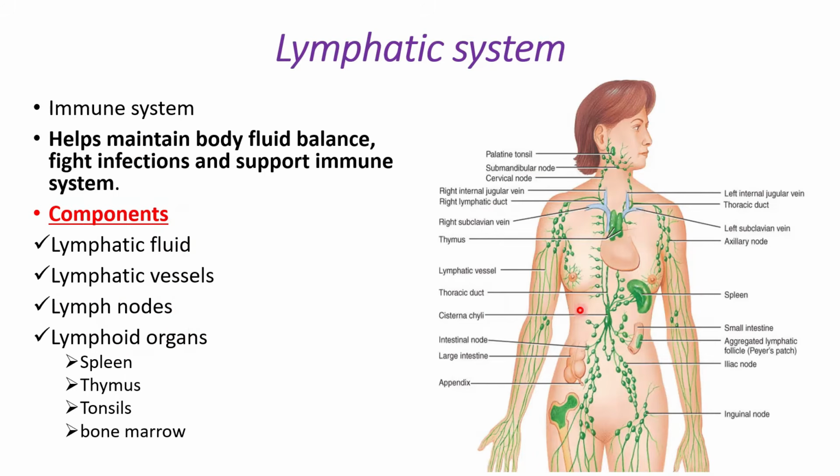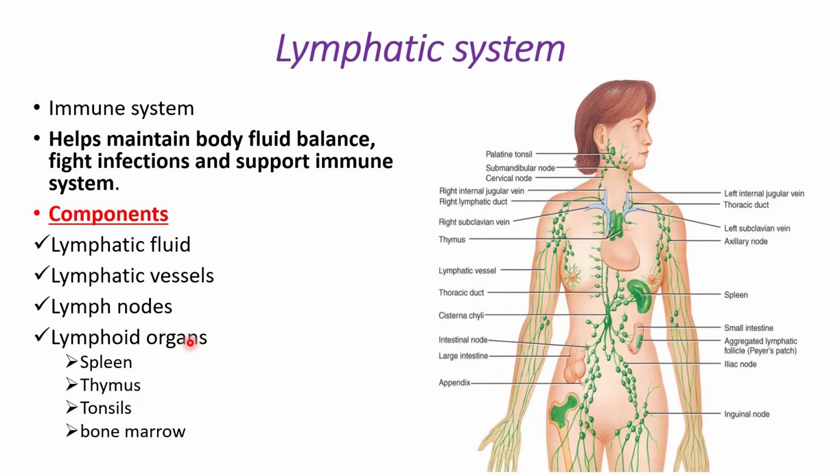So in this image, we can see these are lymphatic vessels. These lymphatic vessels are draining into lymph nodes of the various parts of the body. So these are various lymph nodes. And then these lymph nodes can drain into some larger lymphatic vessels such as the thoracic duct.